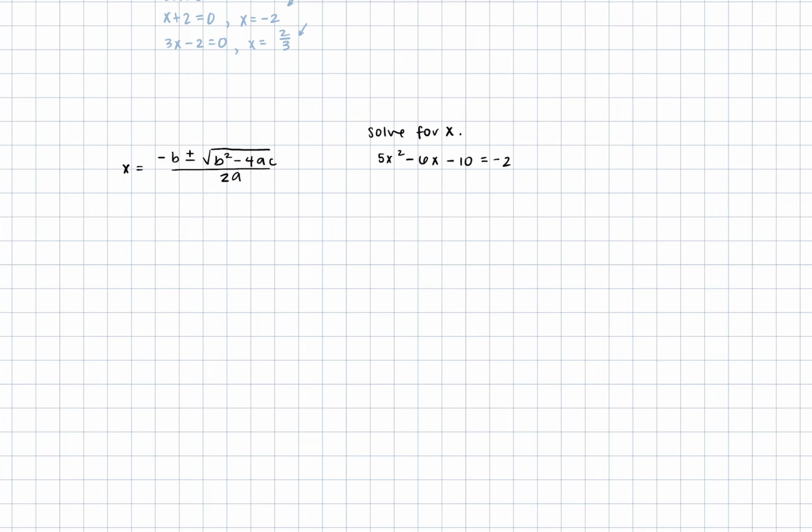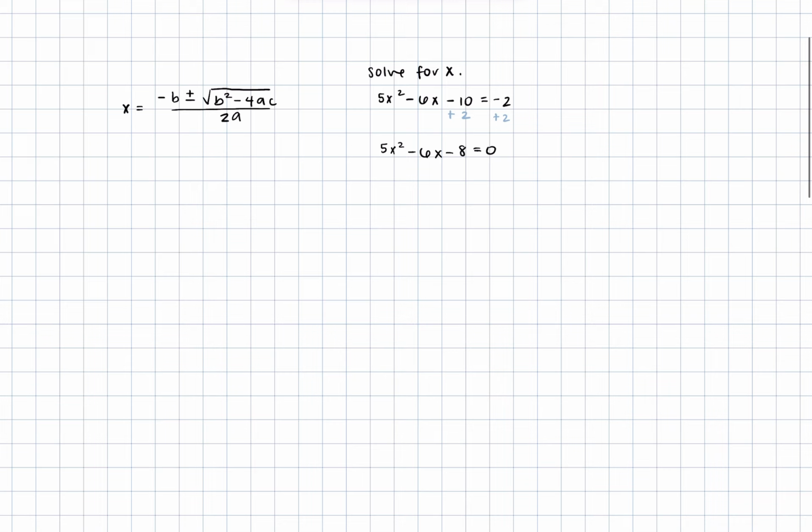We want to set this whole equation to 0. So we add 2 to both sides and get 5x squared minus 6x minus 8 equals 0. Once we have this, we can label our values. Our a value is 5, our b value is negative 6, and our c value is negative 8.